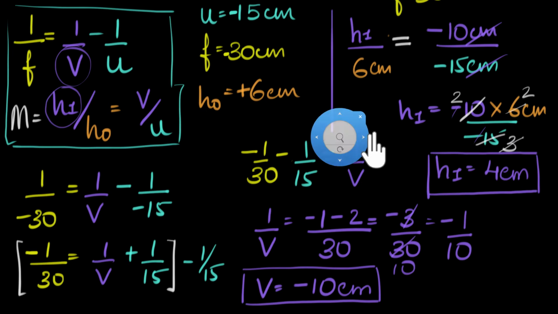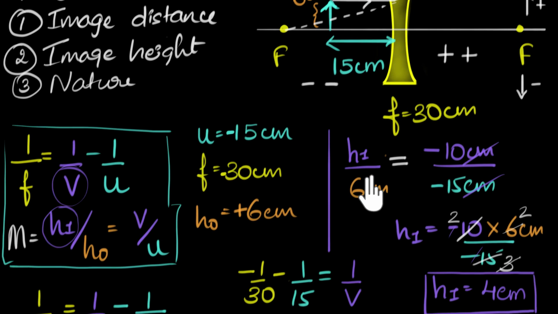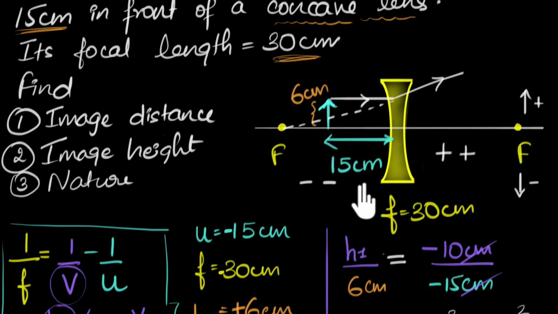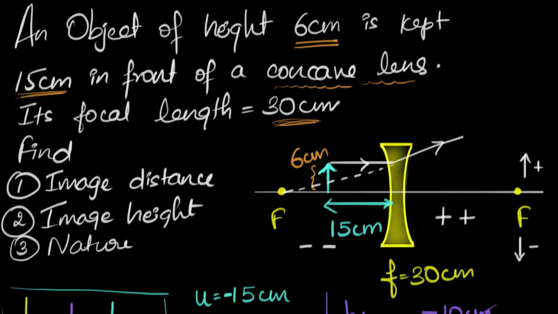So let's go back and see what that means. We found the image distance to be minus 10 centimeters. What does that mean? Well, let me just write that over here. Image distance is minus 10, and we got the image height as plus 4. Minus is on this side.